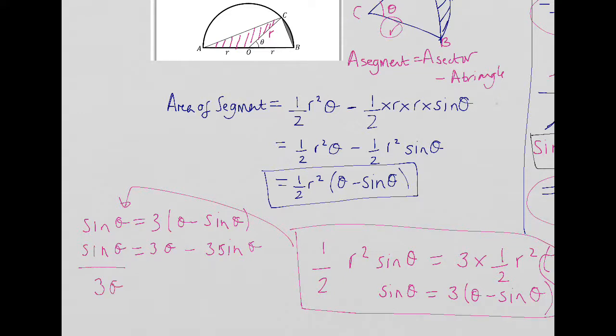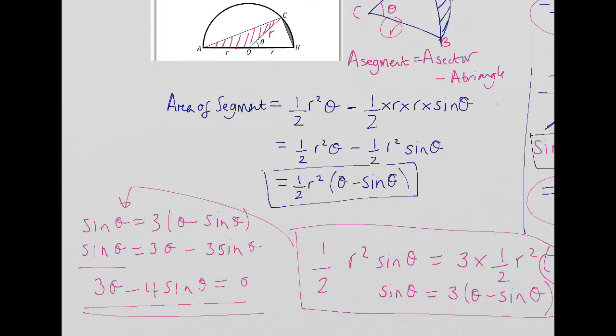So 3 theta minus now 4 sine theta equals 0, which is the answer. And the last part is just a bit of rearranging. So it's important that first of all we say that is 3 lots of that. Then we've divided both sides by half r squared. Expanded my bracket and then subtracted sine theta from both sides, and therefore I would just have 0 this side, or as I've swapped it round, writing 0 there.